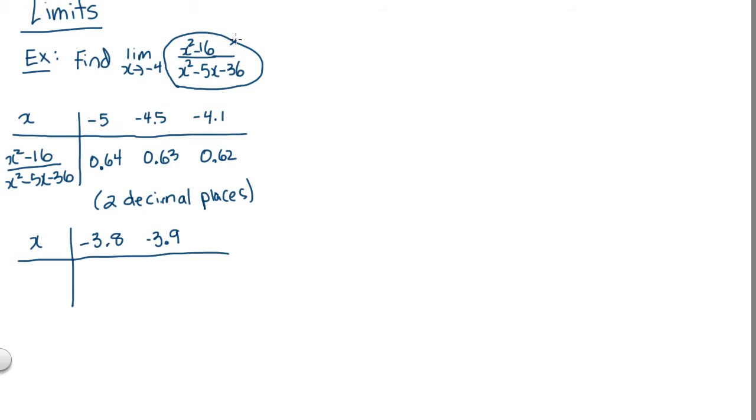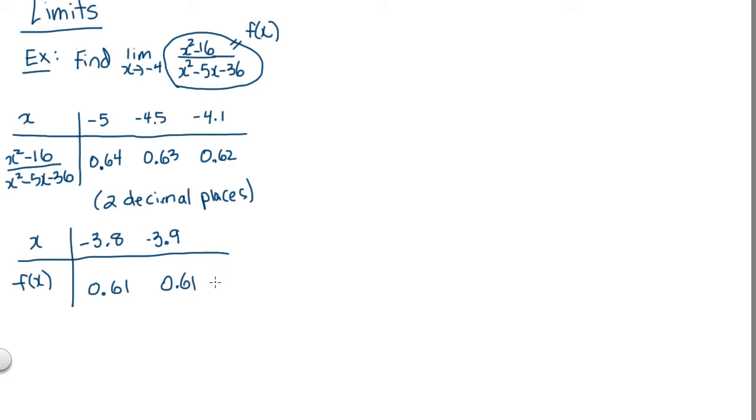If we call this function f of x, we don't need to rewrite it all over again here. We're going to find values of f of x at these particular x values. So again, you can check this on your calculator. When we plug in -3.8, we get 0.61 approximately, and -3.9 also gives us a value of 0.61.